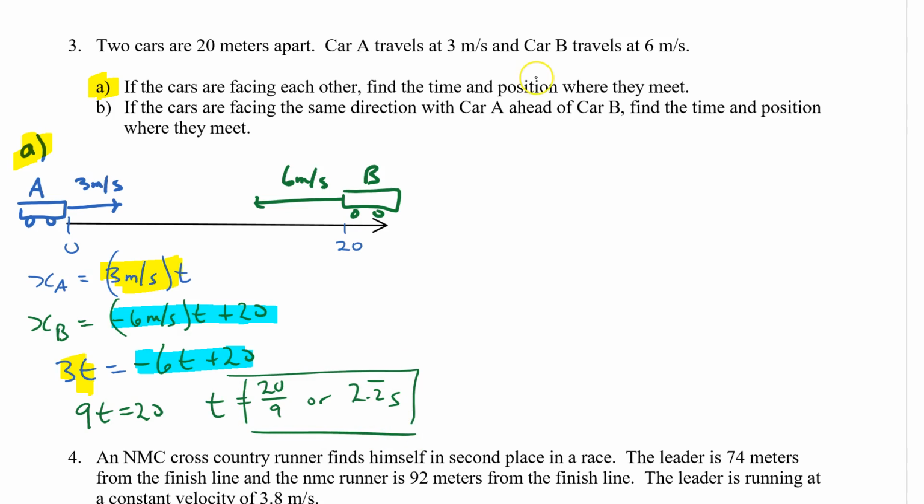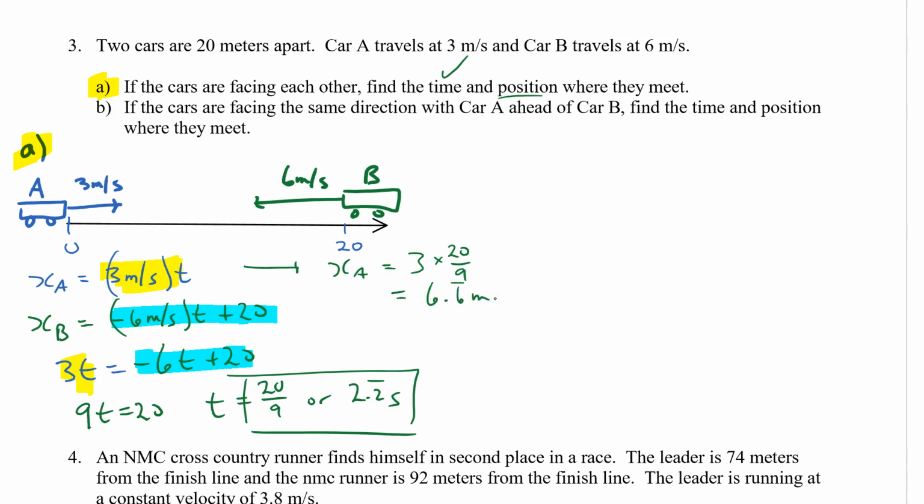But we want to figure out not only the time, but also the position. We can use either one of these formulas. I'll use the first one: 3 times my 20 over 9, because then I don't have to worry about all those decimals. And then I get 6 and 2/3, or 6.6 repeating meters.